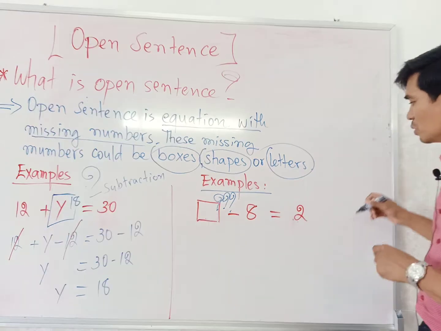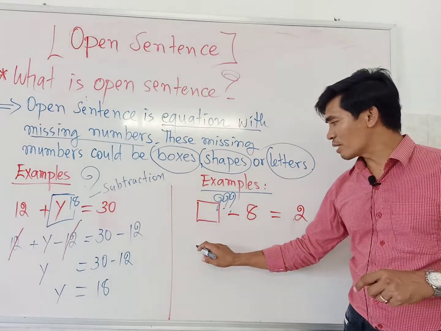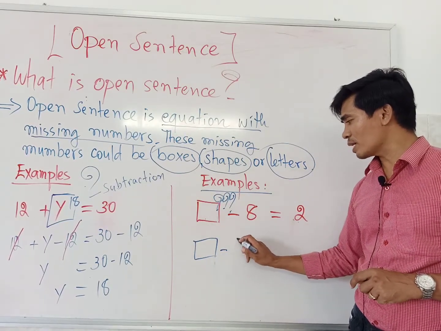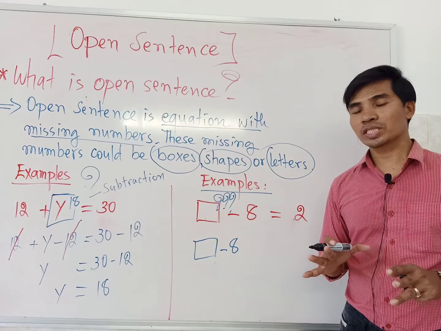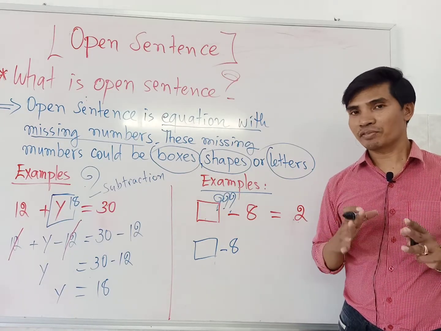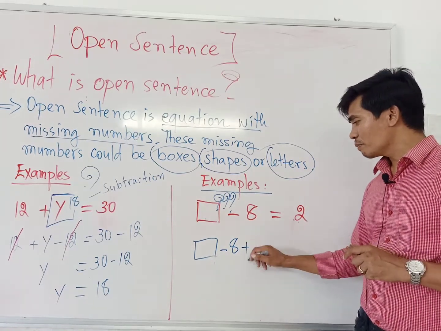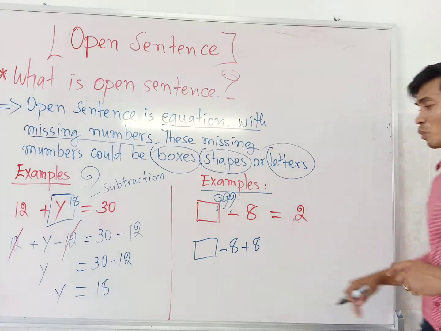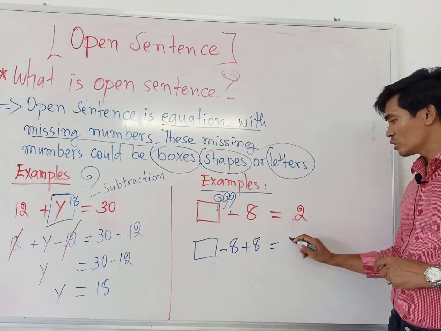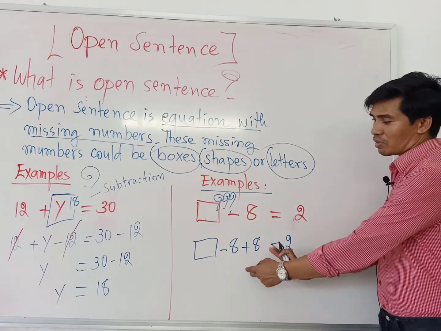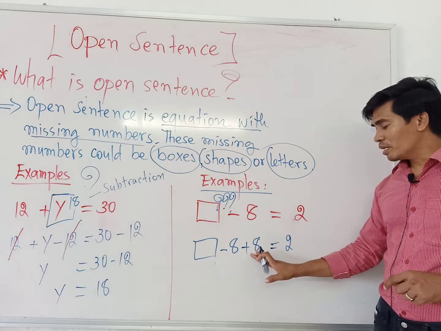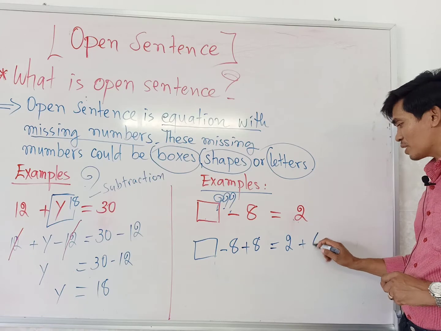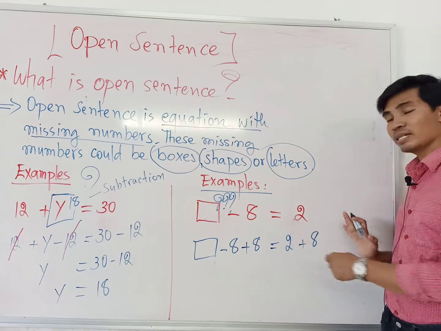So we write: box subtract 8, plus 8, because we have to remove 8 away, equals 2. When this side uses positive 8, you also have to place positive 8 here. Keep both sides the same.